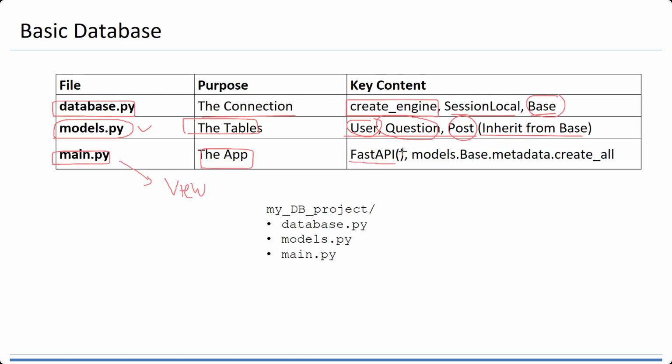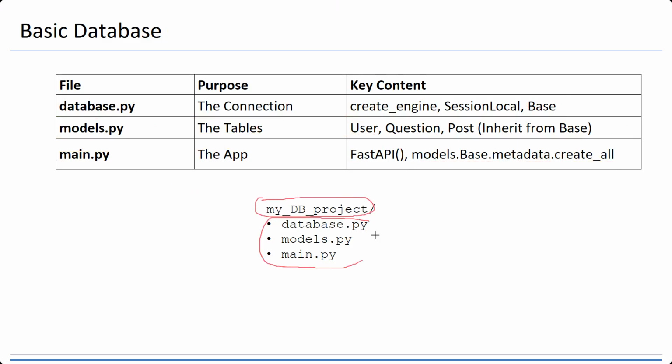We are going to use FastAPI, and we will check the important libraries for the connection to the database and also to the models. For this purpose, you can create a project, and then we will have at least 3 files. So we are going to do this.